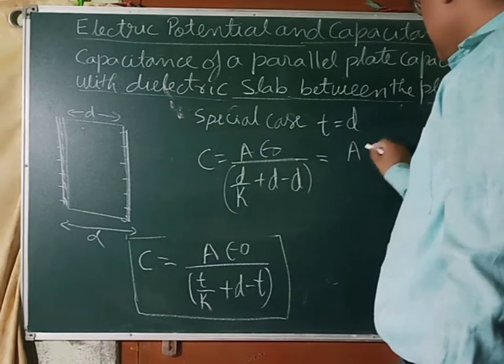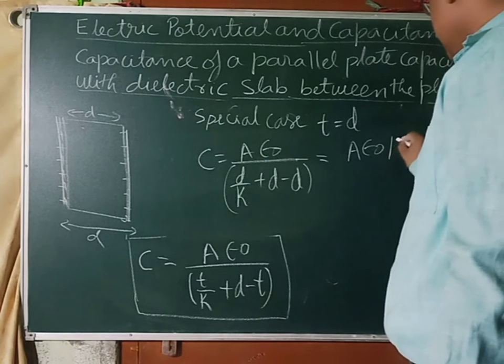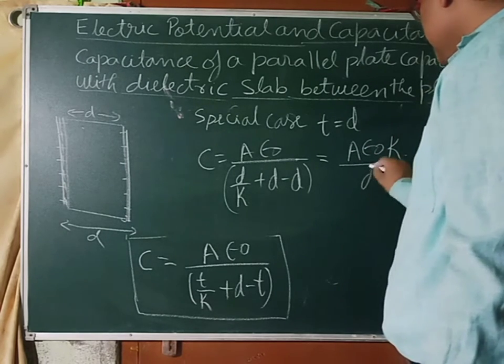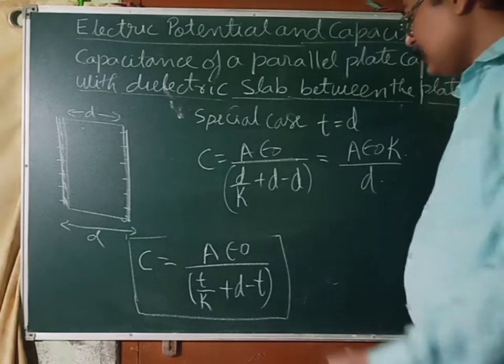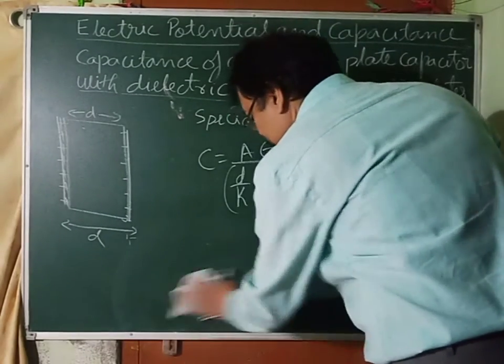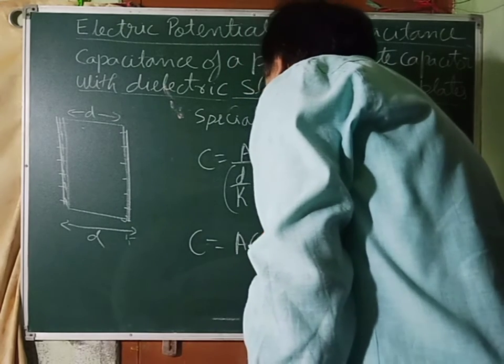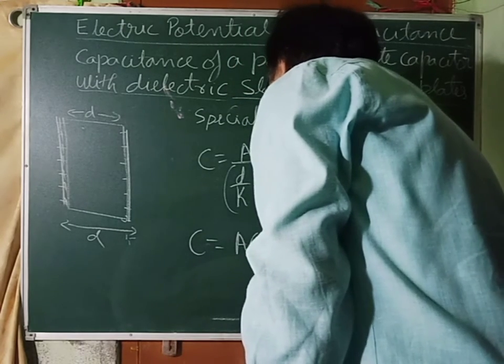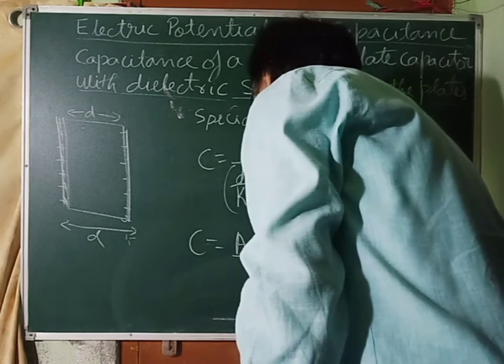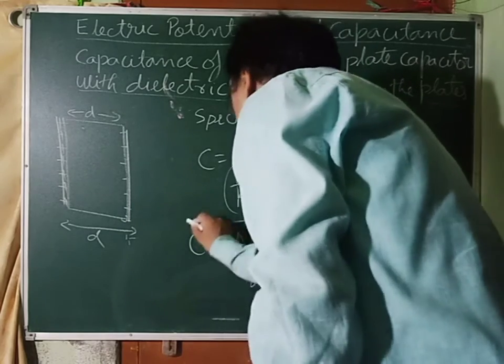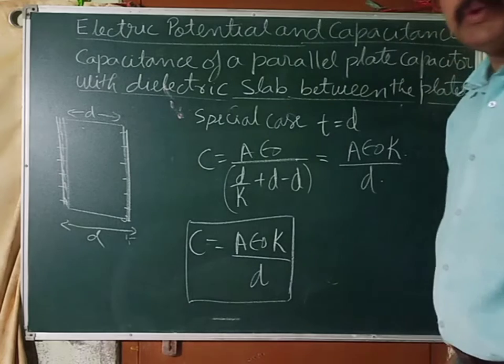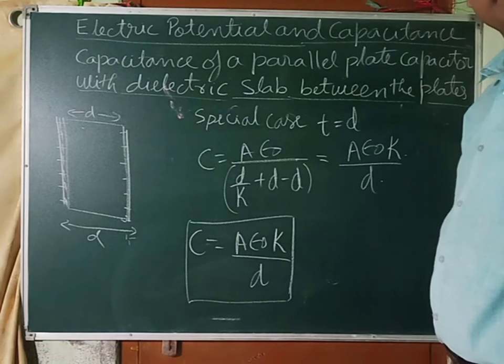So A epsilon naught K by D. That's what we get. I can remove this and write here C is equal to A epsilon naught K by D. This is the final expression we are getting.